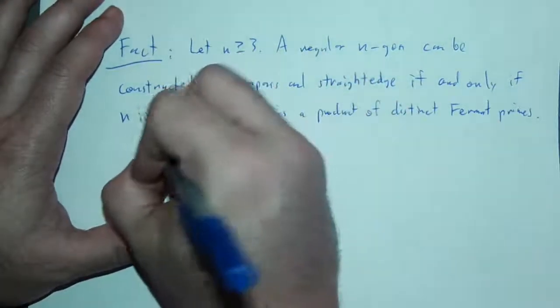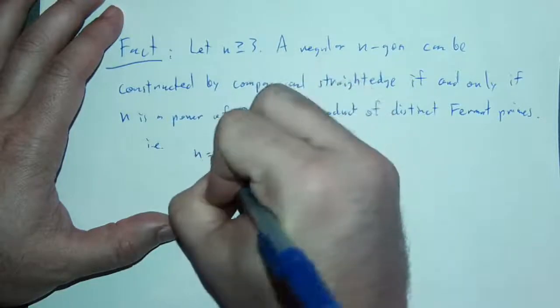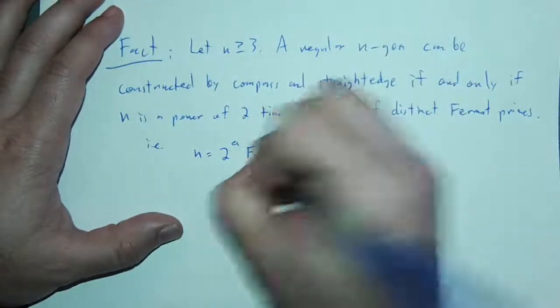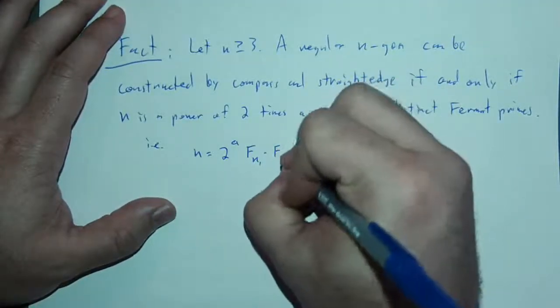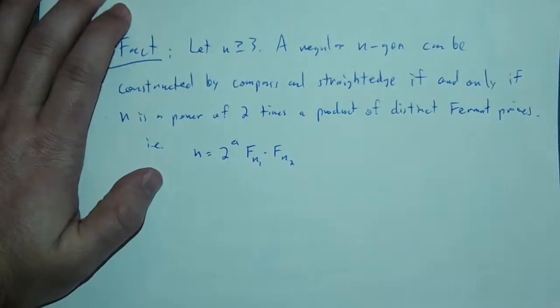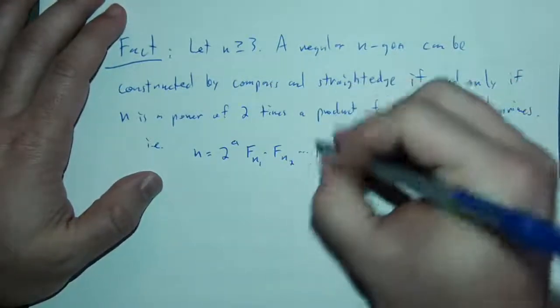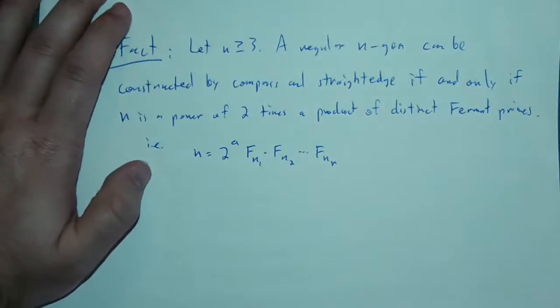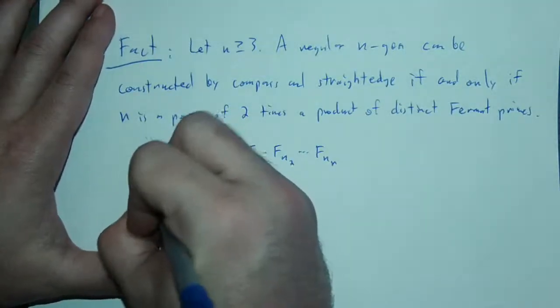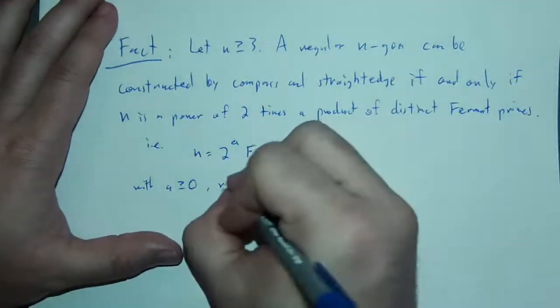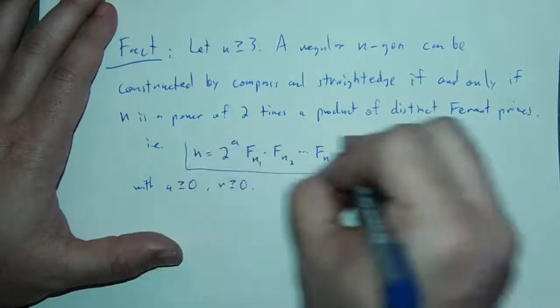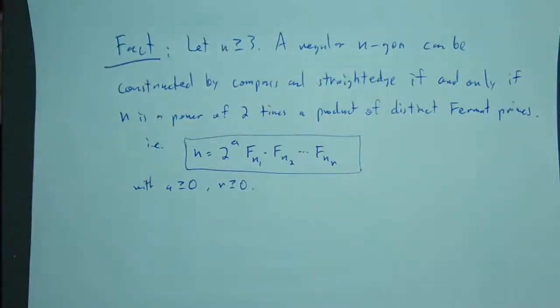I.e. n is equal to 2 to the a times n sub 1, n sub 2, all the way out to n sub r, with a greater than or equal to 0, r greater than or equal to 0. So it has to be of this form. So this tells you automatically which things can be constructed and which cannot.